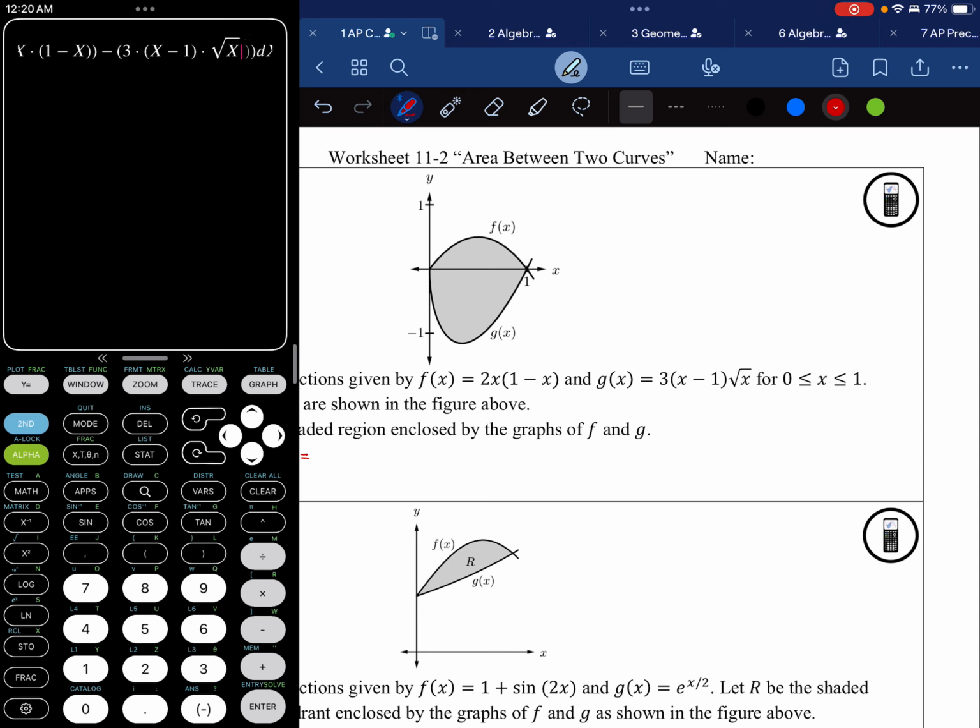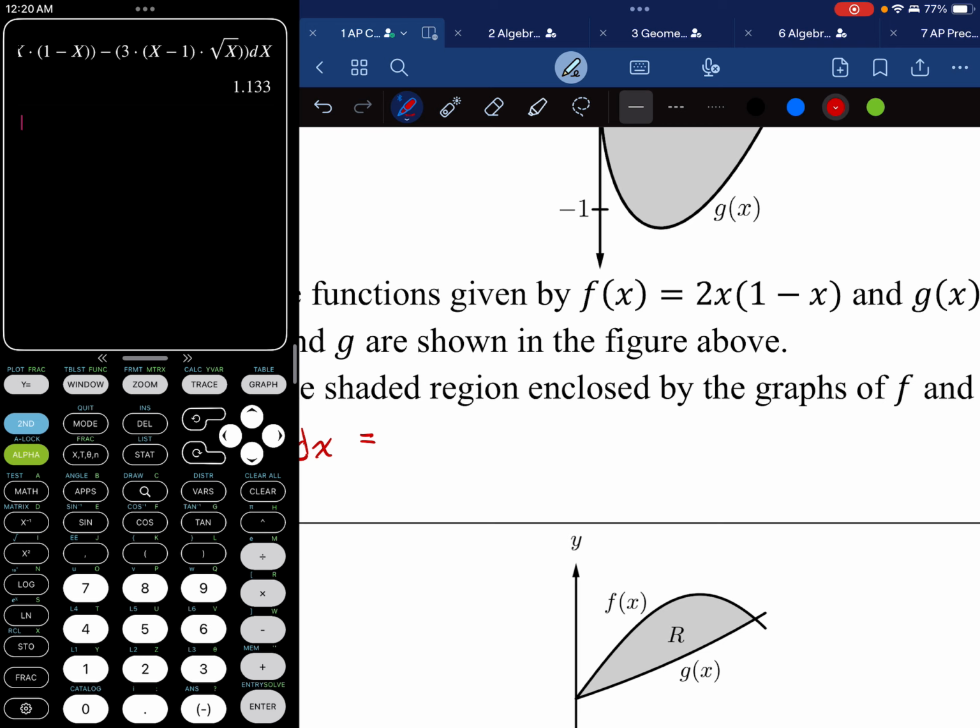Okay, that was the entire function, so I'm going to end the parentheses here. And I have the subtraction already done, so I can just hit enter. And I get 1.133. Excellent. And I'm going to go ahead and bring my worksheet key from last year up so I can make sure that I'm getting these all correct.